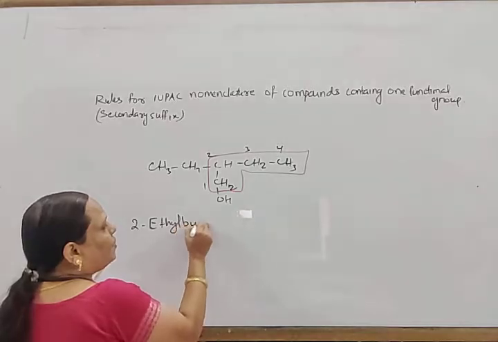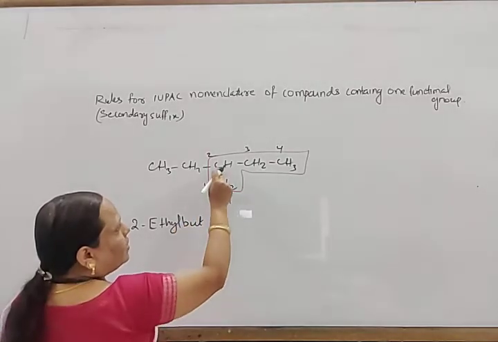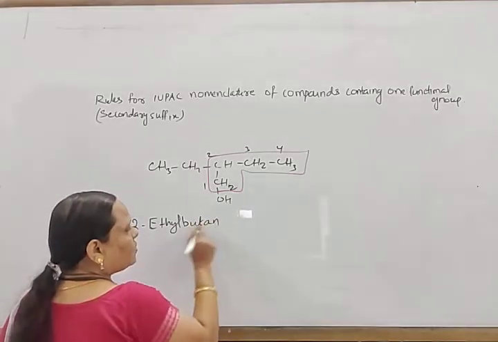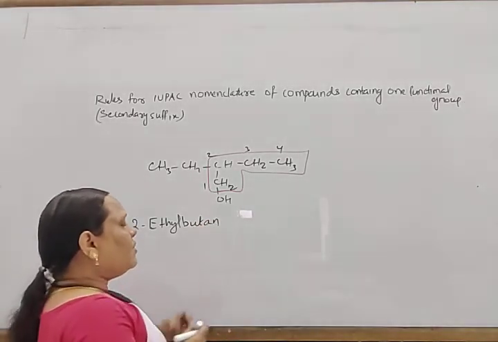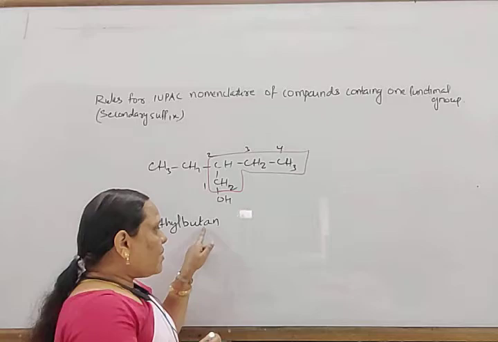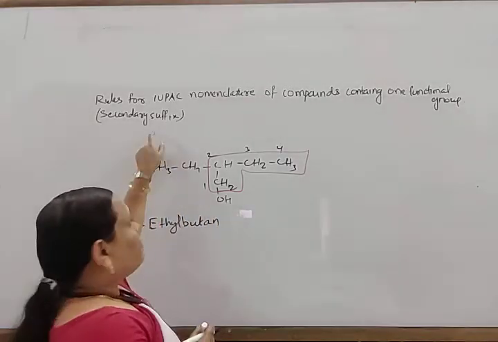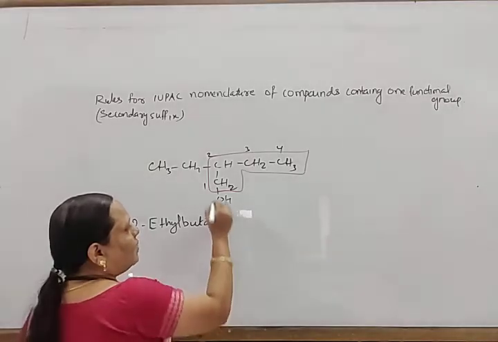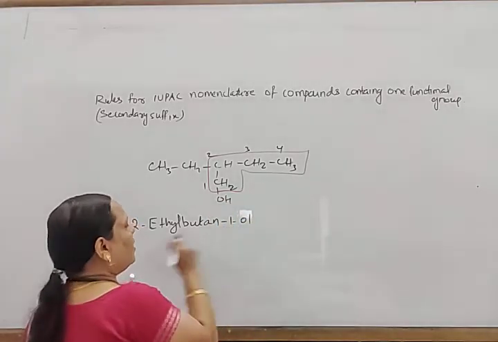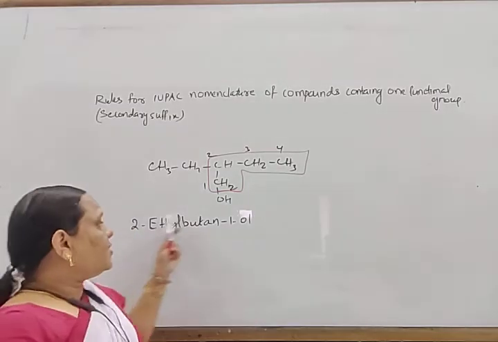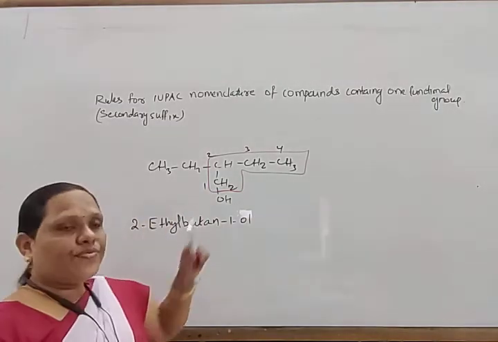Then but, and the whole chain consists of single bonds only, so it is butane. From the ANE, you have to drop the E and add the secondary suffix OL: butane, position 1, OL. So 2-ethyl butane 1-OL is the name of this compound.